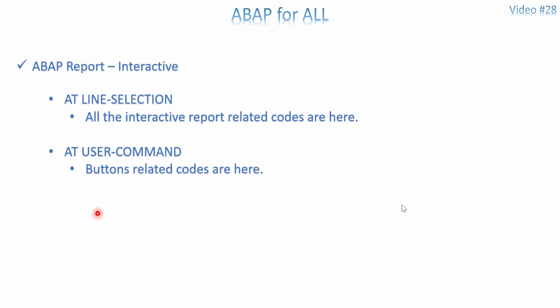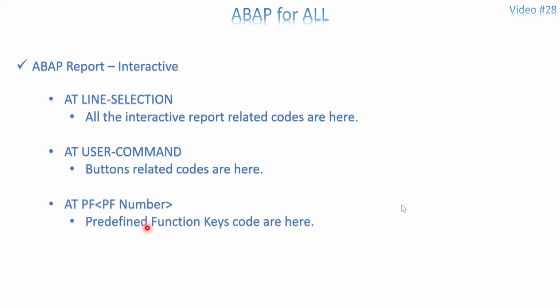Once I complete that menu painter concept, I will create one more video especially for at user command in your interactive report. Otherwise, for your reference, under at user command you write all the button related code. If this button is clicked, what needs to be done? If this menu is selected, what needs to be done? That kind of code comes under the at user command event.